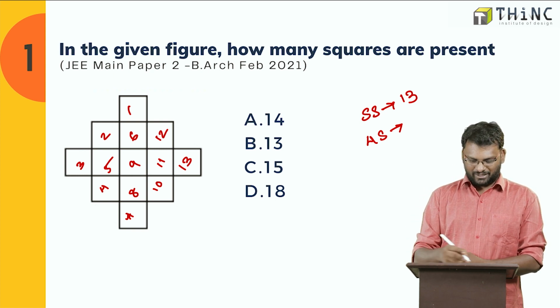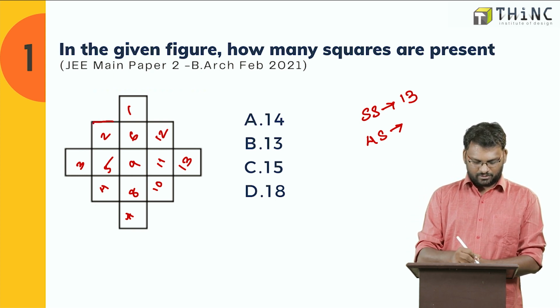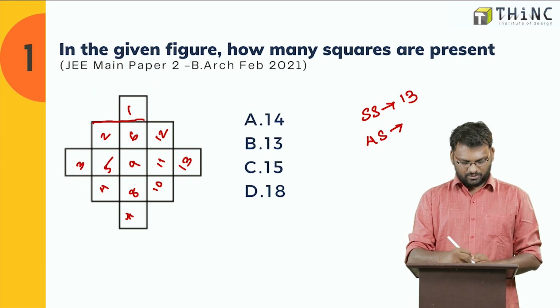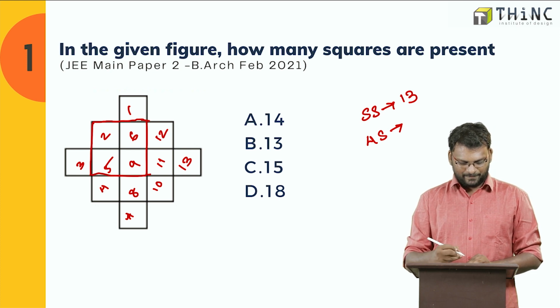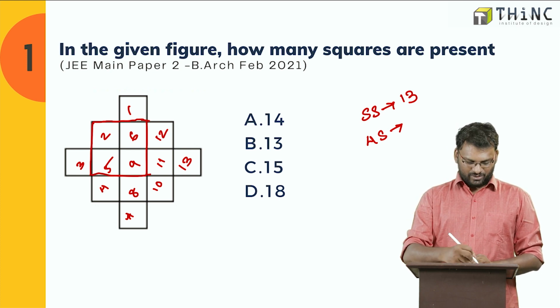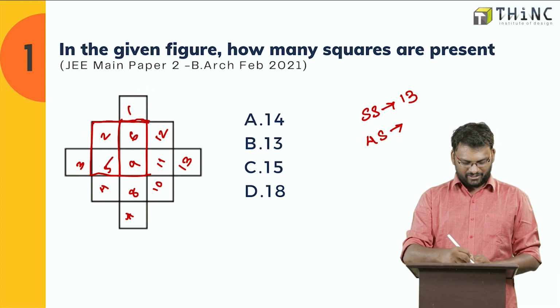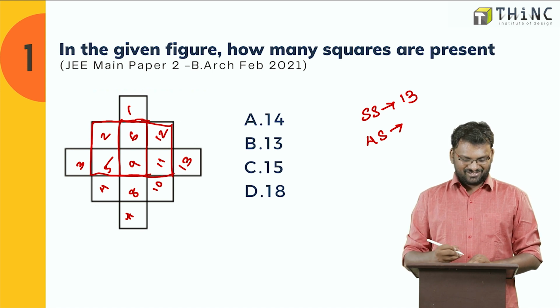I will outline one. You can find one 4 component square on the left side over here. Similarly, you can find one more 4 component square over here. Now we have reached two 4 component squares.